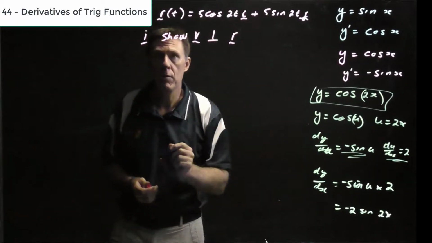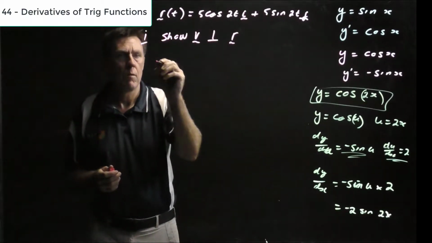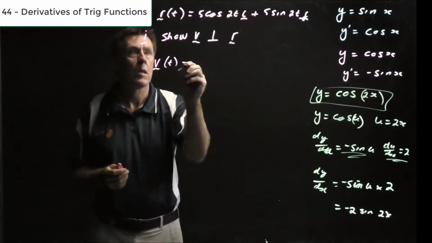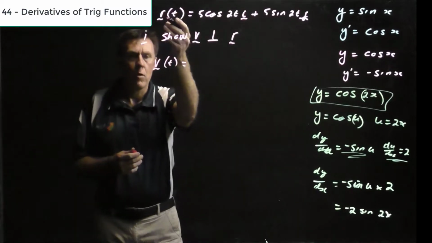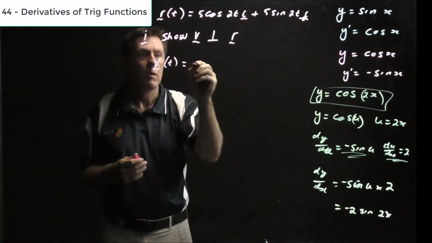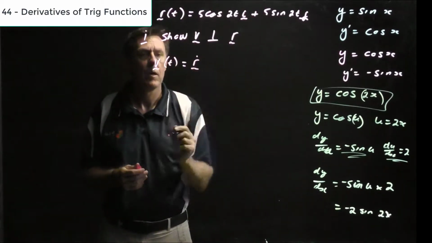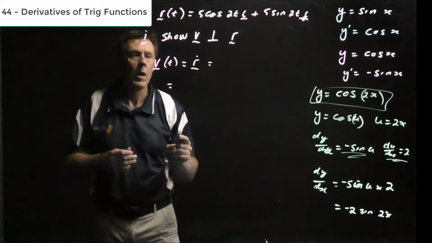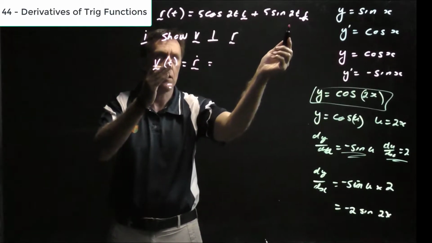First of all, we need the velocity vector. So, velocity vector is going to be equal to, we know that differential of displacement gives us velocity, so differential of that. So, do it down here, a bit more room. We now have to differentiate this.